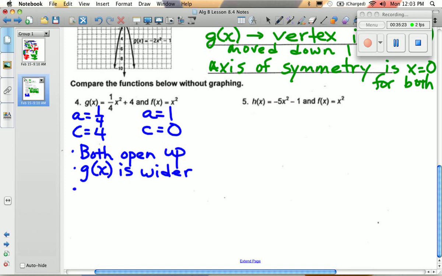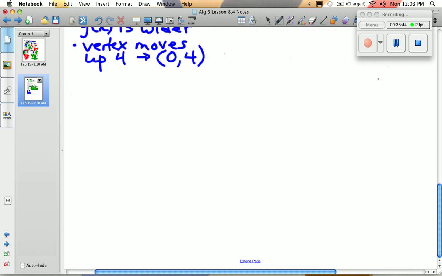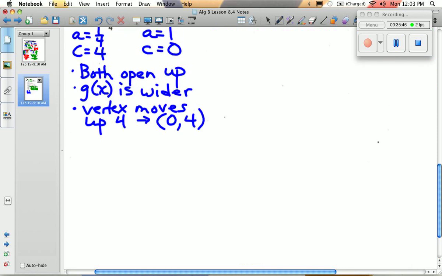Now our C value. How about the vertex? Is the vertex of each of them the same? No. The vertex moves up 4, so it becomes 0, 4. And our C value also tells us the axis stays the same.